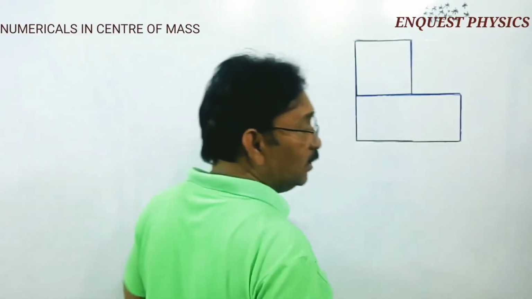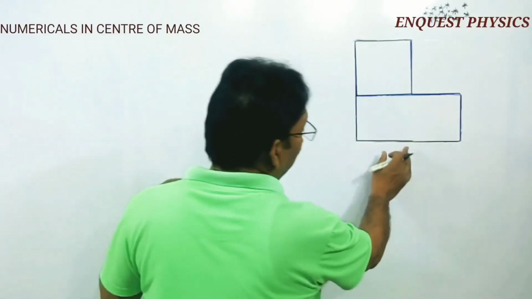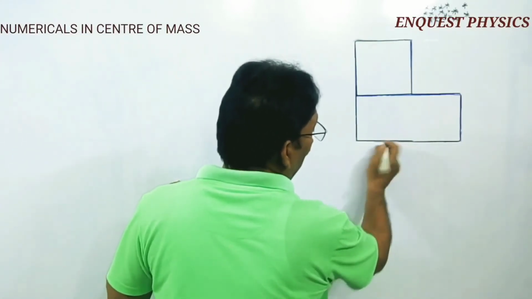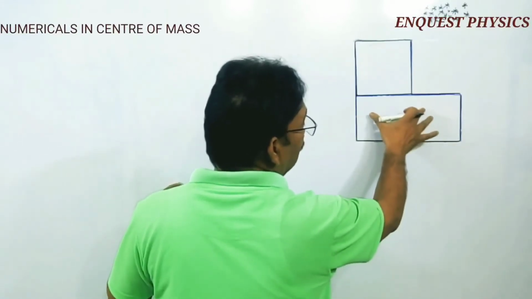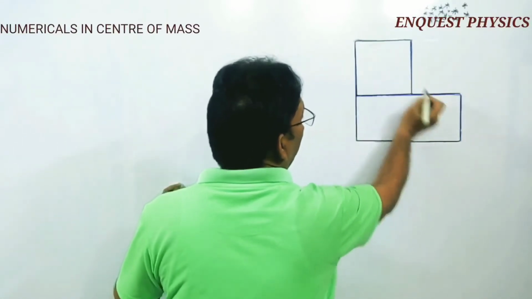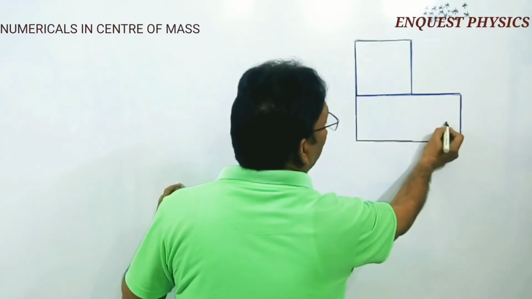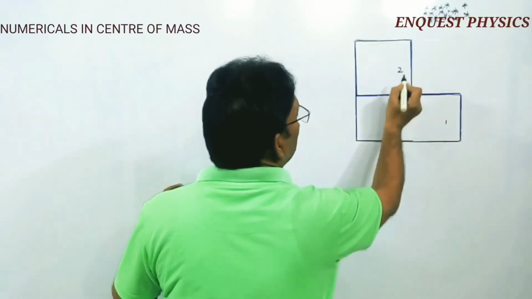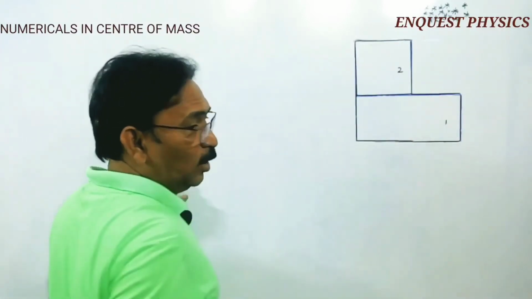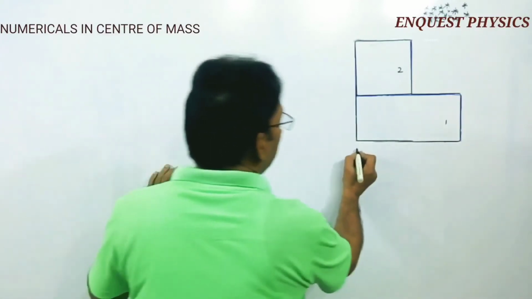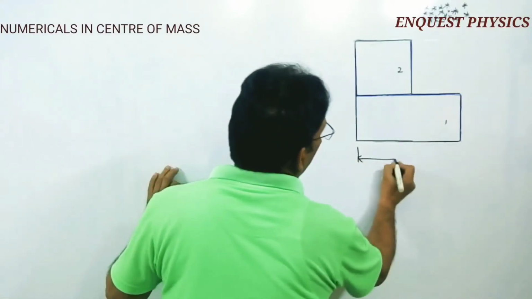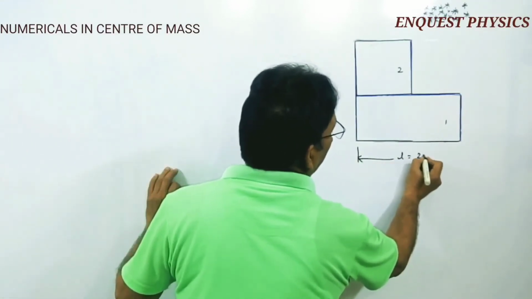Let's go with the dimensions of this lamina to understand things very easily. I'm taking one block and another thin plate, the first thin plate and the second kept one over the other. Let's say it has a length L equal to 2 meter.